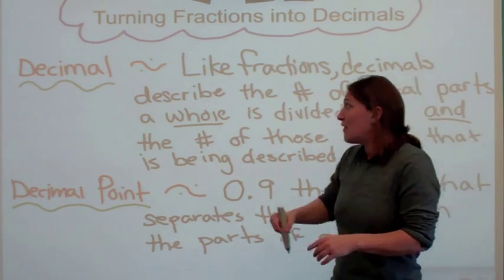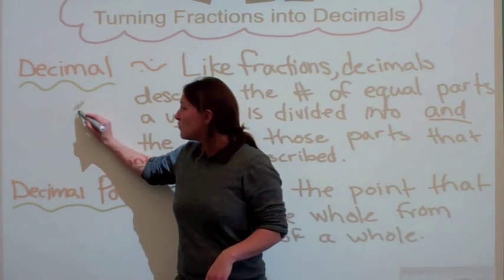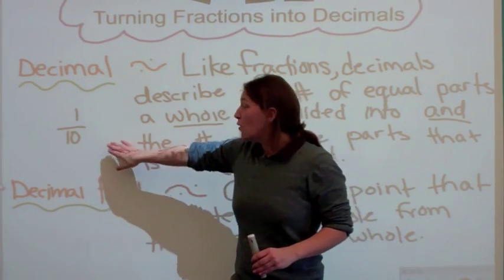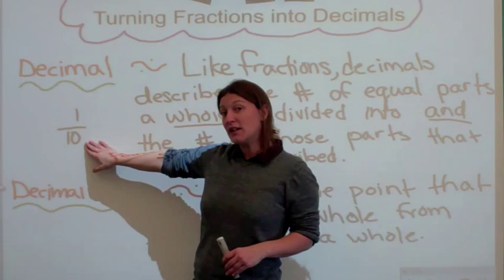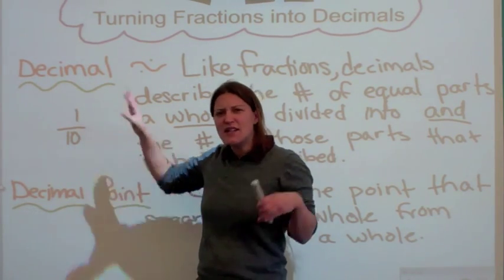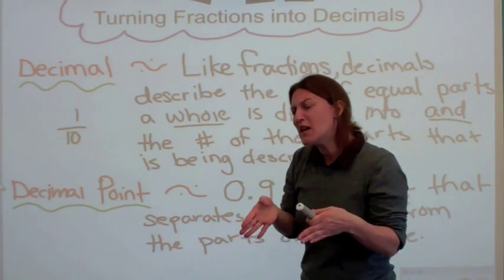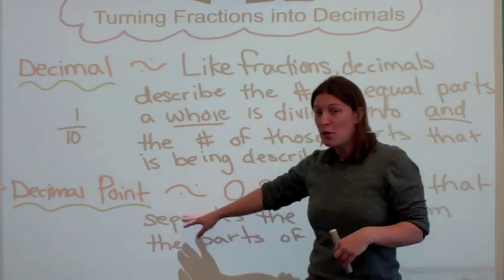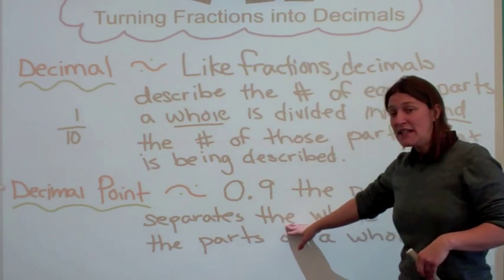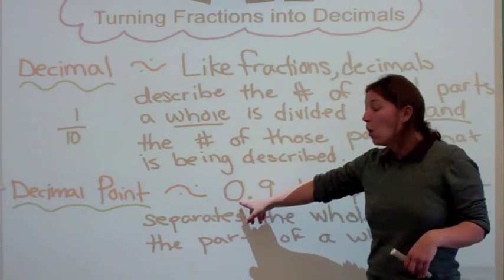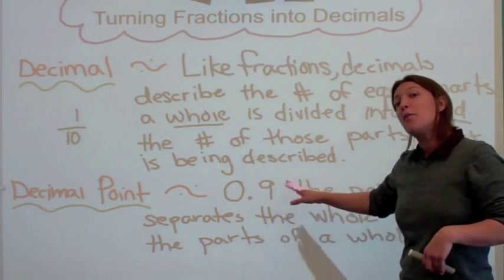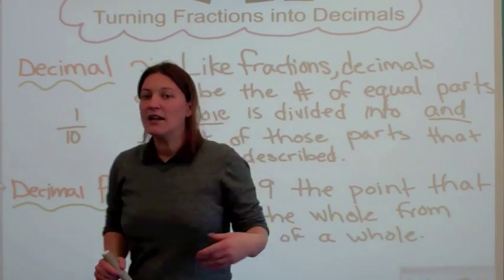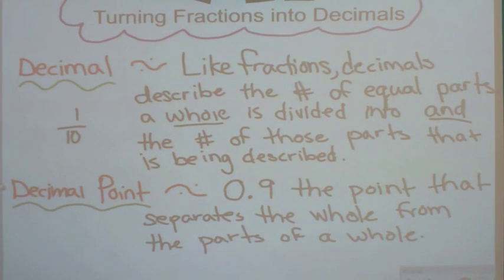So in my example, 1 over 10, it's broken up into 10 equal parts, and 1 is the number that we're focusing on, or the number that's being described. And then a decimal point is the point that separates the whole number from the parts of a whole. So take a moment right now and copy these definitions down in your notebook.